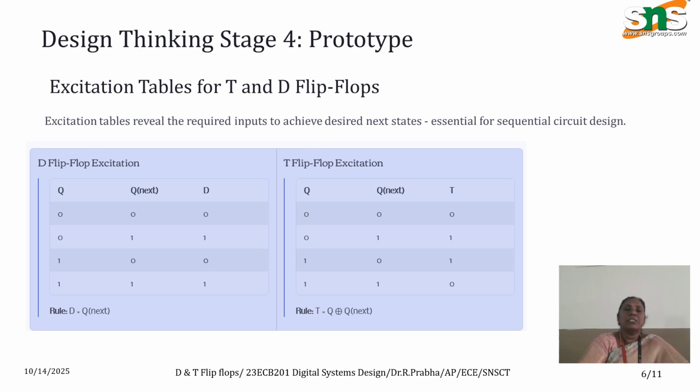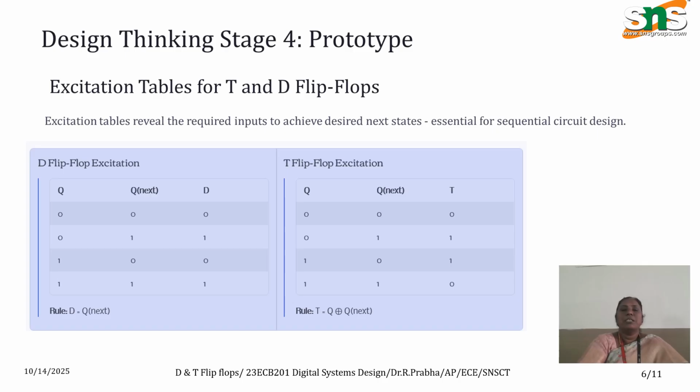Here the excitation tables of T and D flip-flops are required. The D flip-flop excitation table and the T flip-flop excitation table are given in the diagram. For the D flip-flop: Q 0, Q next 0, D value is 0; 0 1, D value is 1; 1 0, D is 0; 1 1, D is 1.